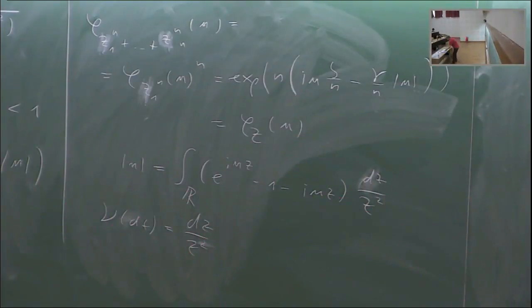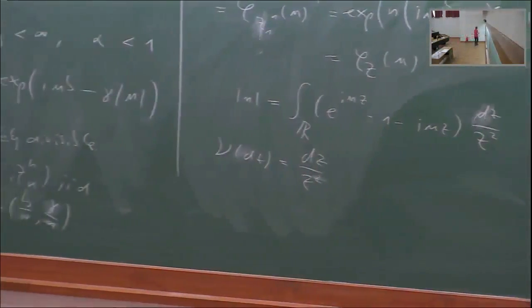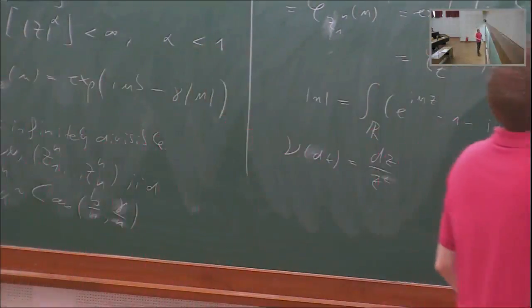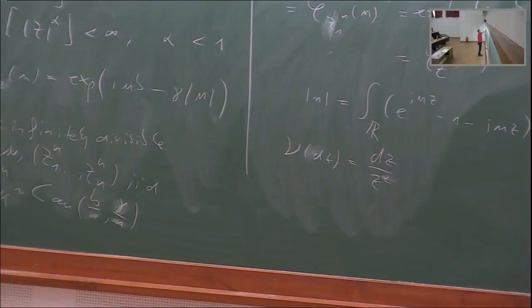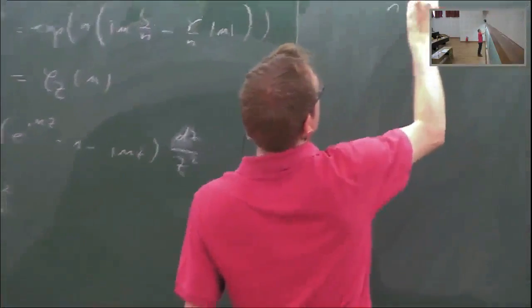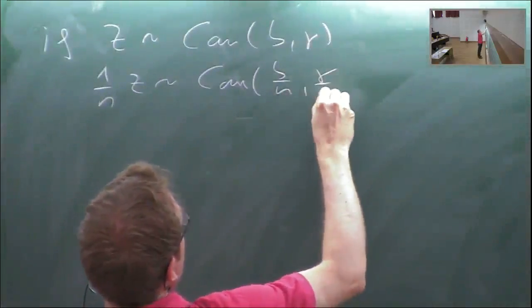So we found a case of a distribution which satisfies something similar to the Gaussian case. So if zeta is Cauchy (b, gamma), then the distributions 1 over n zeta have the distribution Cauchy (b divided by gamma n).